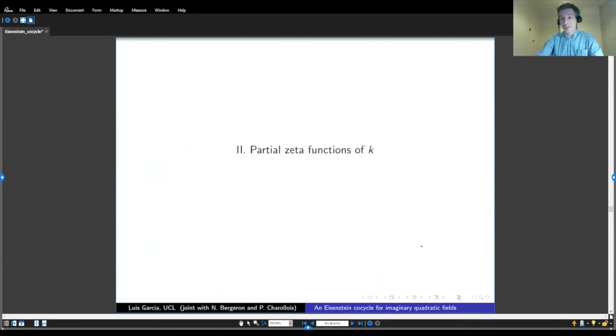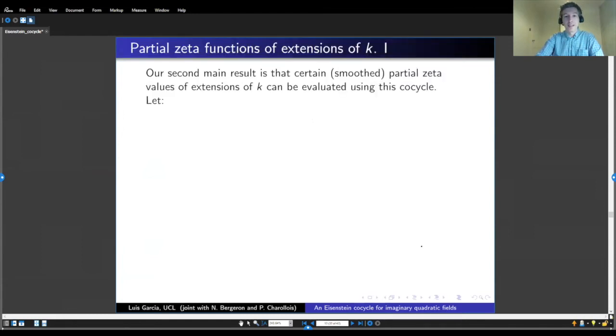And I want to now move on to the second main result, which has to do with partial zeta functions, well, not of K, but of finite extensions of K. So I need to introduce some notation to state the result.